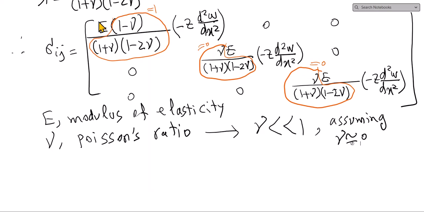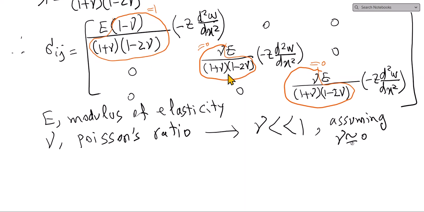So this is a very large number multiplied by a small number. So this stress will be much smaller than this, even for a non-zero Poisson ratio.